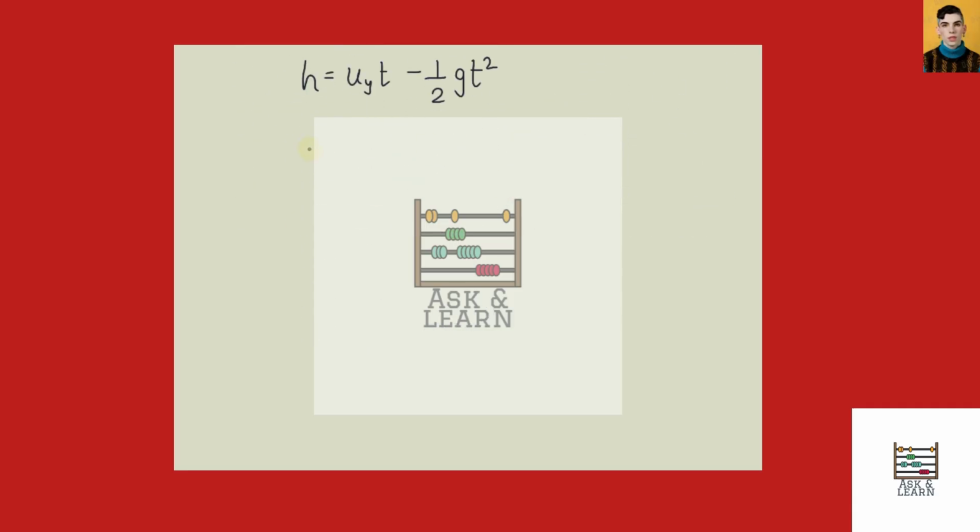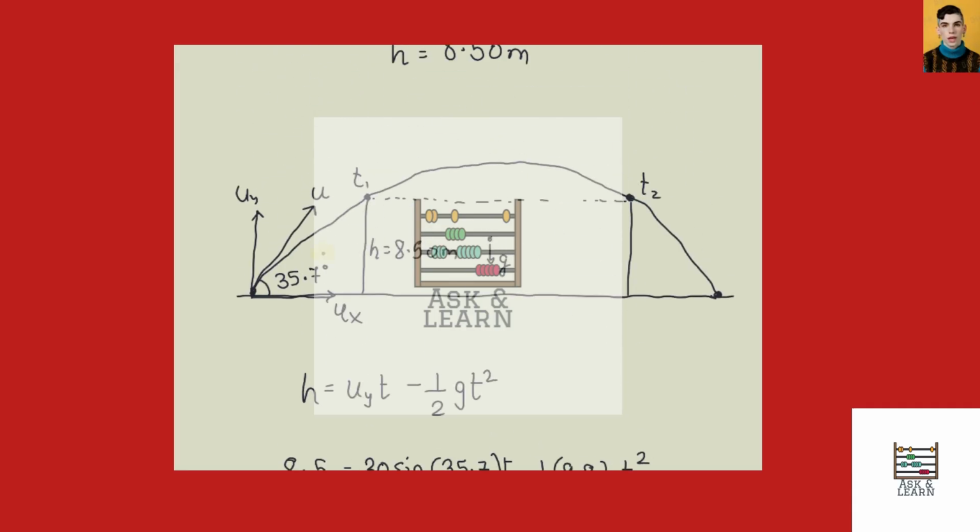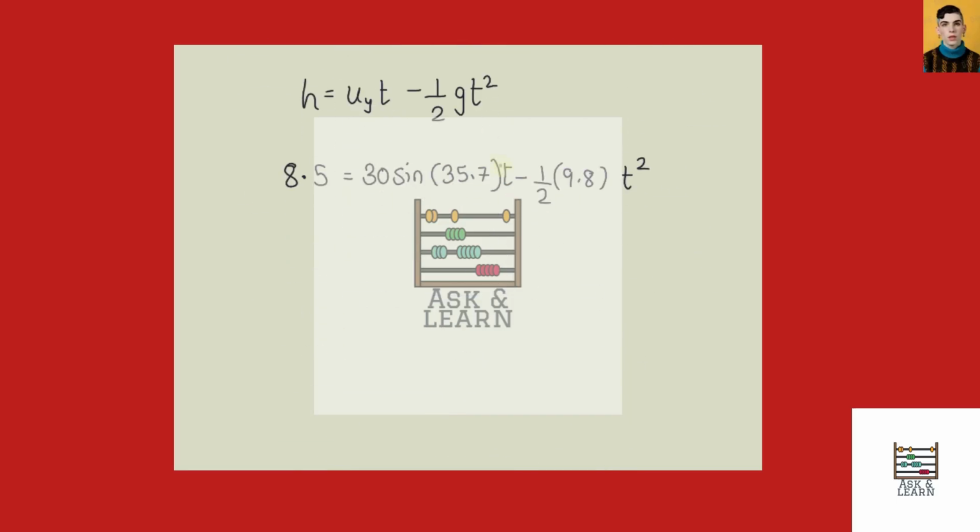Now let us plug in the values. Height is 8.5, that is equal to uy, and uy will be 30 sine of 35.7, minus half into 9.8 into t square, where t we don't know. Sine theta comes from dropping a perpendicular like this, so this is 90 degrees, and opposite upon hypotenuse gives uy over u.